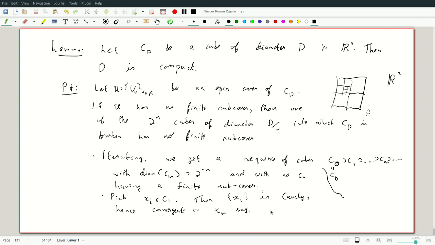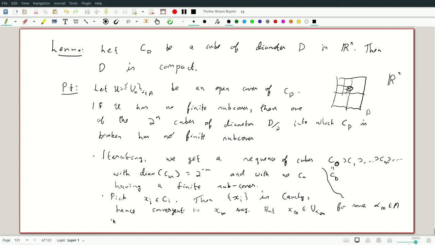Okay, let's call it x infinity. But what happens is that x infinity is in an open set based on U alpha naught for some alpha naught. Or maybe I'll call it alpha infinity for consistency, alpha infinity in A. So x infinity is in U alpha infinity, maybe this point, but that U is open.